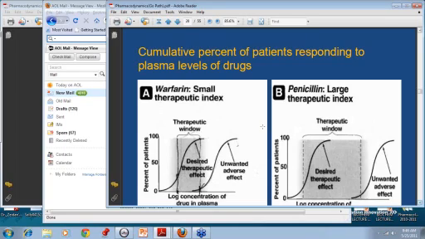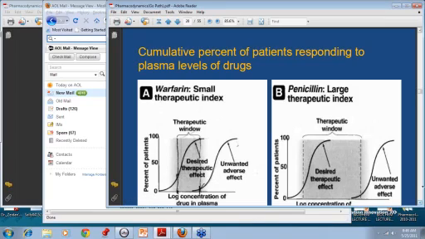I can see that, for instance, in some antihypertensive agents like lisinopril. It has, to an extent, a little bit broader therapeutic window. But with warfarin, yeah, you have to be very careful. You see, this guy can cause more harm than good. So warfarin has a narrow or small therapeutic index. Beyond that, you expect to see the unwanted adverse effects take place.